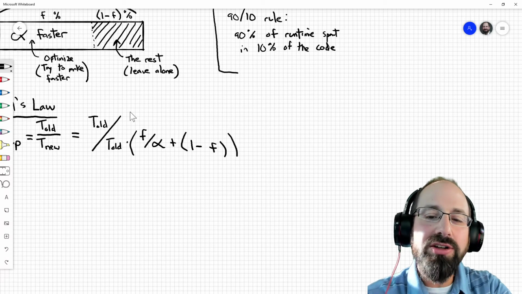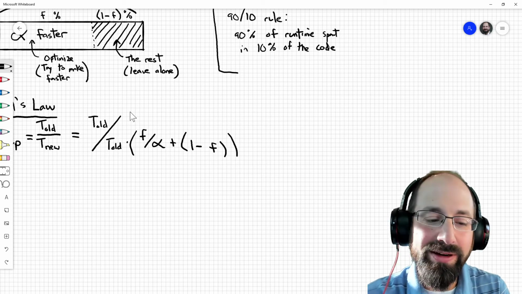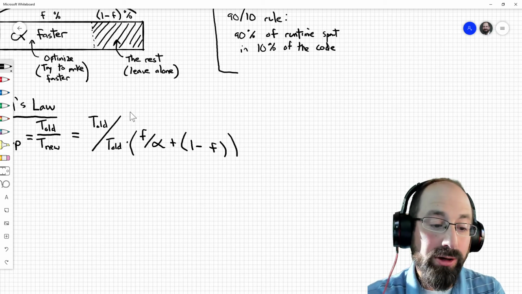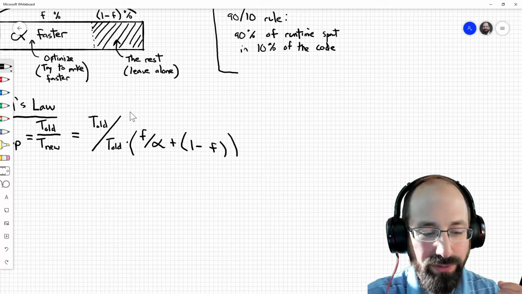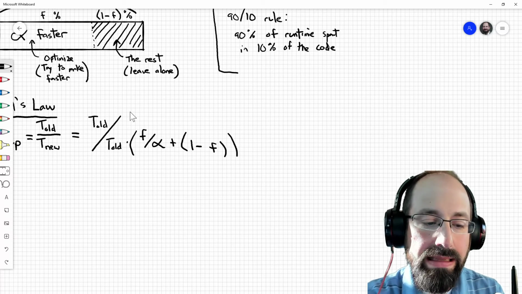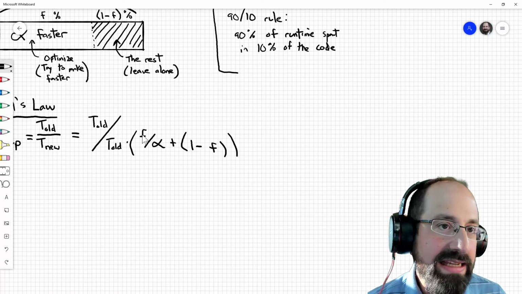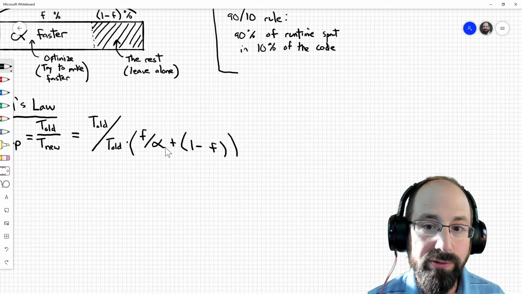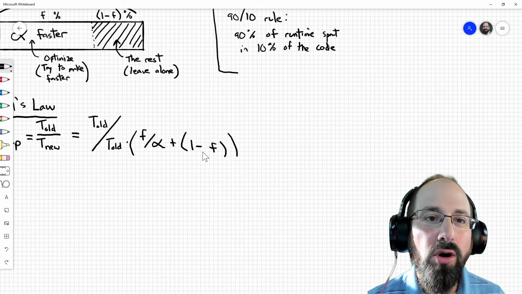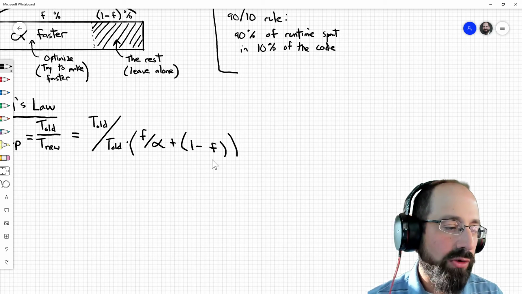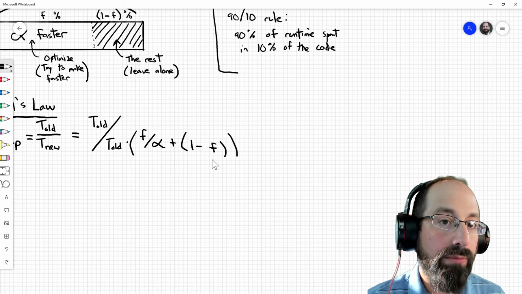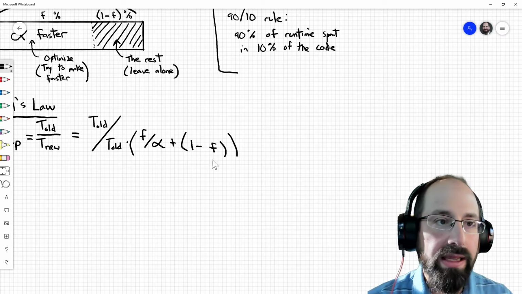The code originally took 100 seconds, right? That's the other way we can reason about it. And we decided we're going to really optimize 90 seconds of those 100 seconds by some factor. So our new runtime is going to be a function of that 90 seconds of which we're making a certain factor faster, but we still always have that 10 seconds. We still always have whatever that remainder is going to be.